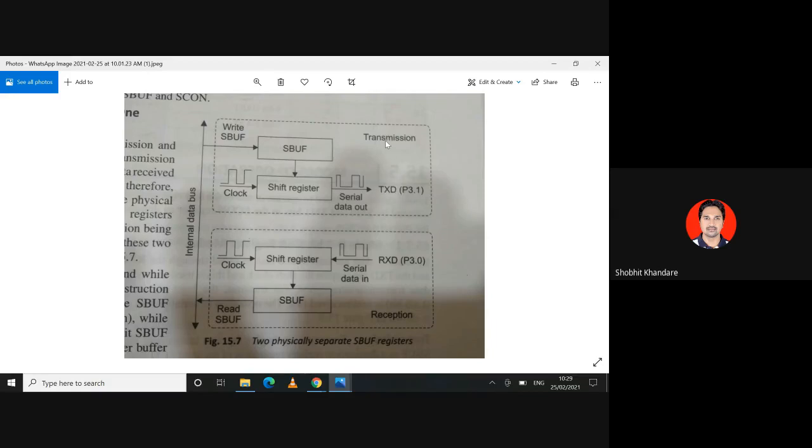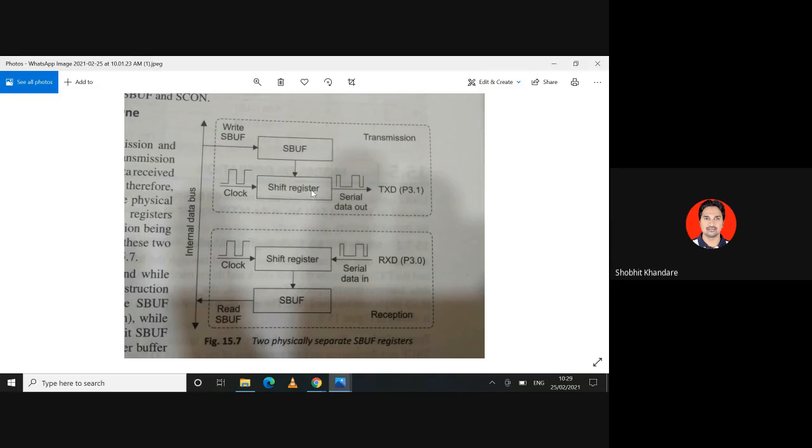Whenever I am transmitting the data, the first thing is that the data should be available in the SBUF. Before transmission, the data should be available in the SBUF, and then that data will be transmitted through the shift register.